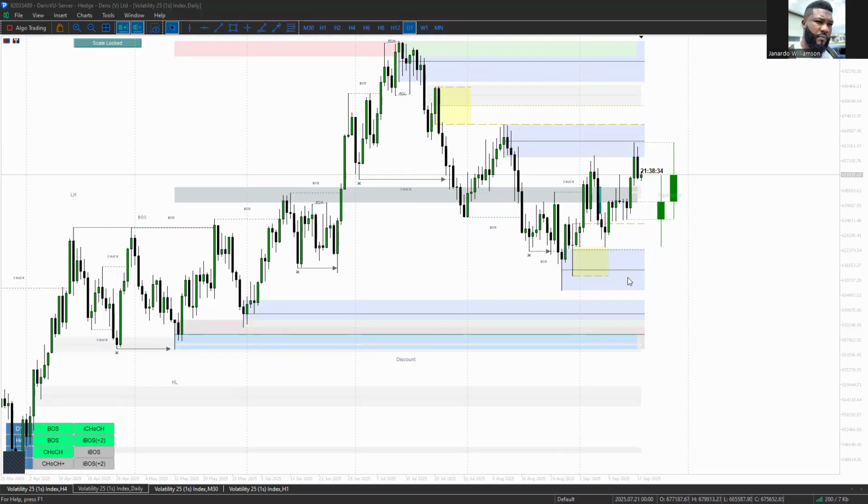This evening, we start off with Volatility 25s on the daily time frame, and we had a bearish day today. One thing I've been noticing with these pairs, once we hit a higher time frame level, structure, or demand, supply, order block, we tend to just reverse and come back down to the bottom of the range.